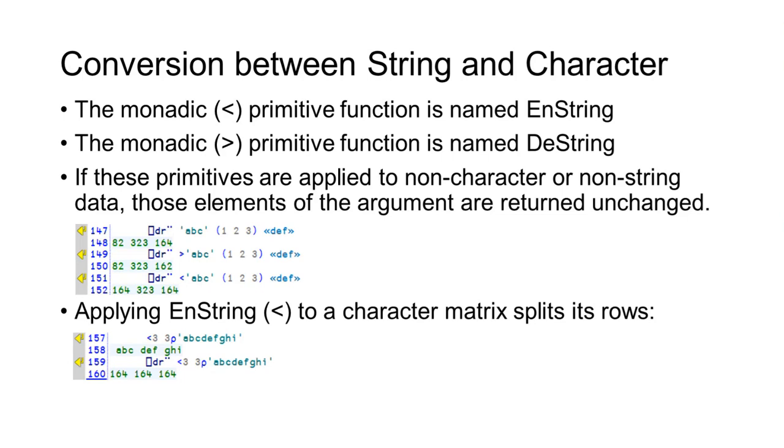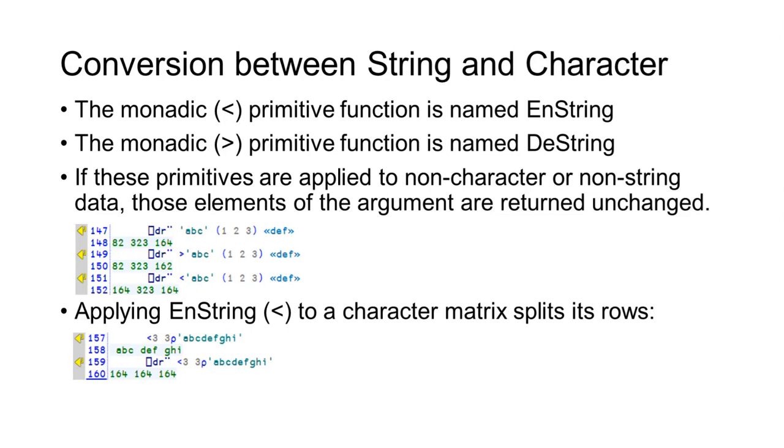If we apply the dstring to those elements, what it will change is the string to a character array. So the type changes on the last element from a 164 to a 162.